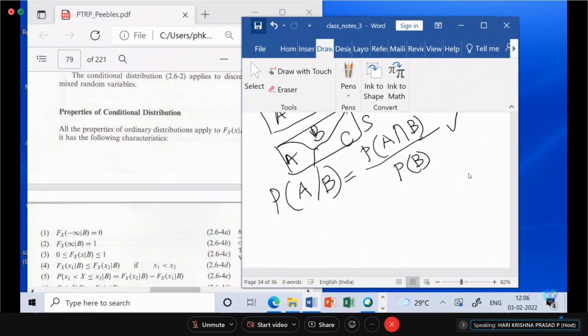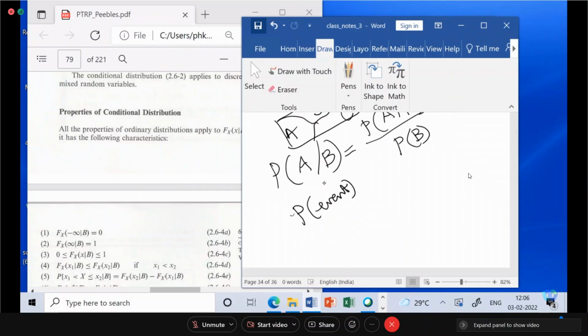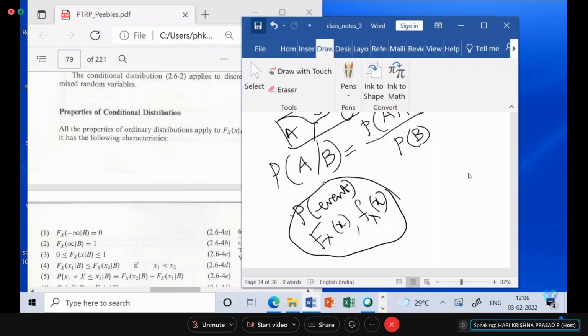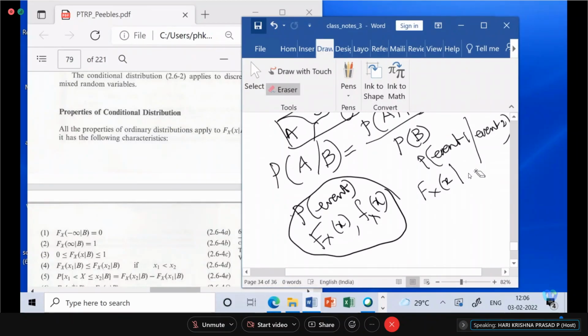Now the logic is, if I have probability for an event, then there is a probability distribution function, also a probability density function. If that is the case, for the conditional probability also, the probability of occurrence of event 1 given event 2, there should be a conditional probability density function.